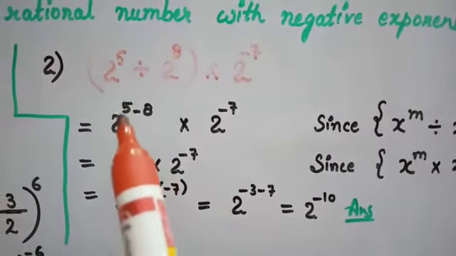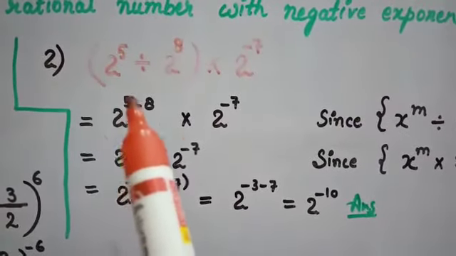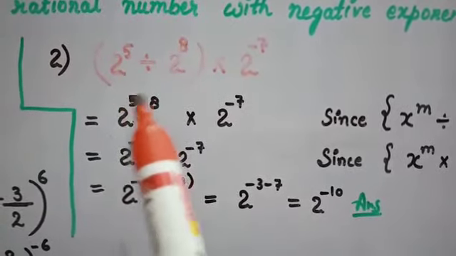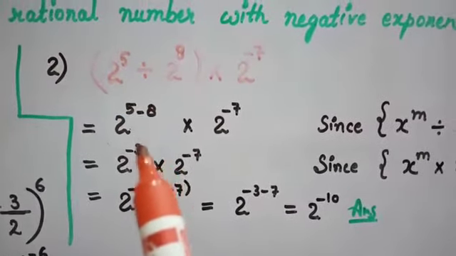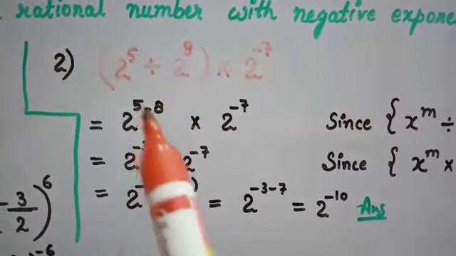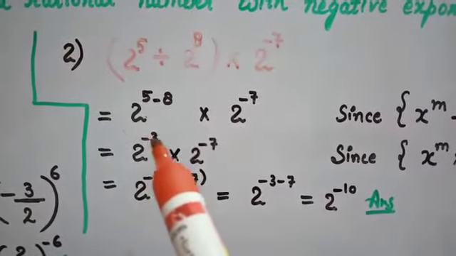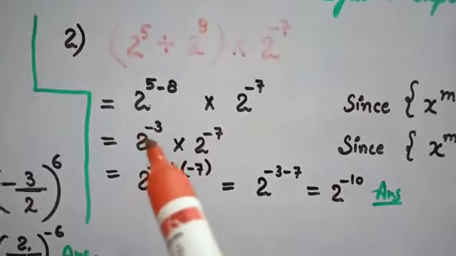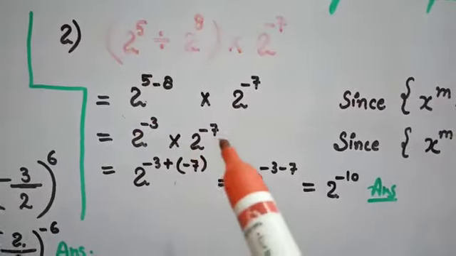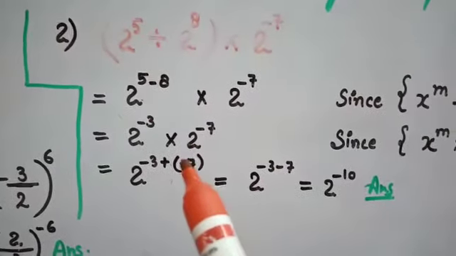Now it will be 2 to the power of plus 5 minus 8, plus minus 3. Greater number 8 having minus sign, so it will be minus 3. 2 to the power of minus 3 into 2 to the power of minus 7.